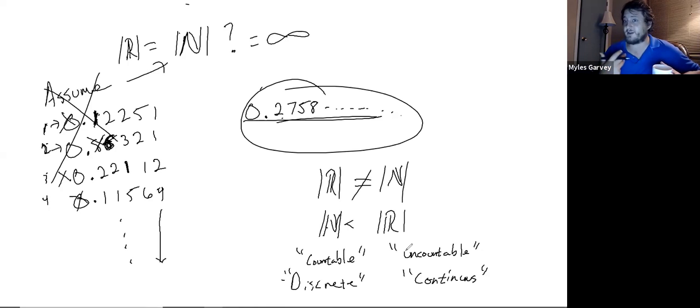Am I viewing it as something that is countable, or am I viewing it as something that is uncountable? If it's the former, I'm going to take a lot of different types of approaches to analyze that situation. If I'm considering it to be more continuous, I'm going to take a very different approach in analysis.